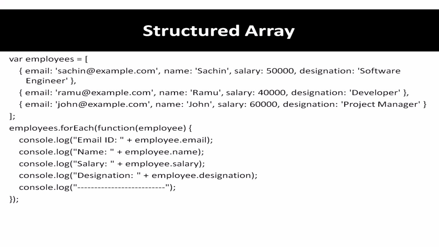Next, structured array. Up to now we have seen different examples. Structured array means, for example, if you consider employee salary, ID, name, designation and so on, at that time you define the structured array. For example, here we have declared a variable employees.